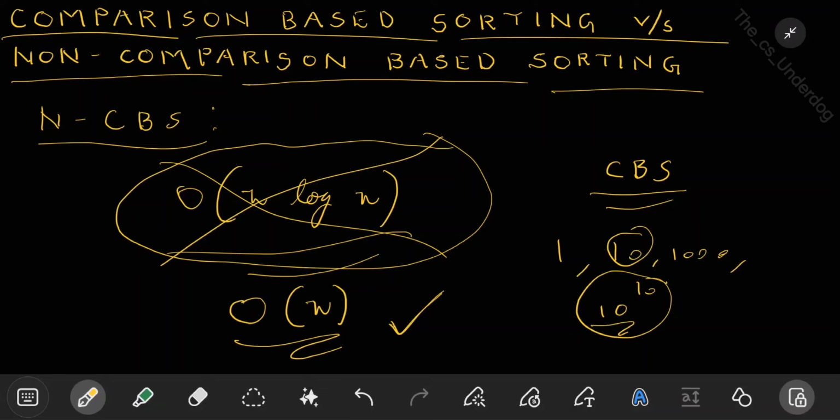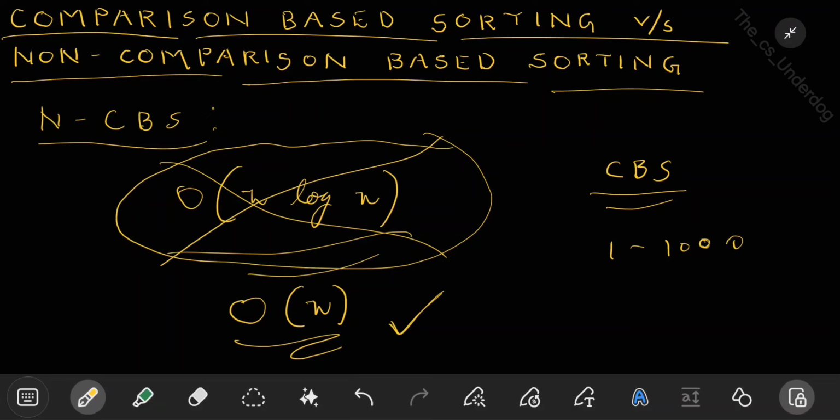But in case of non-comparison based sorting, this range really matters. If you have all numbers in a specific range, let us say all numbers are between 1 and 1000, then sorting may be done much easier compared to another data set which is having data from 1 to 10 power 10.